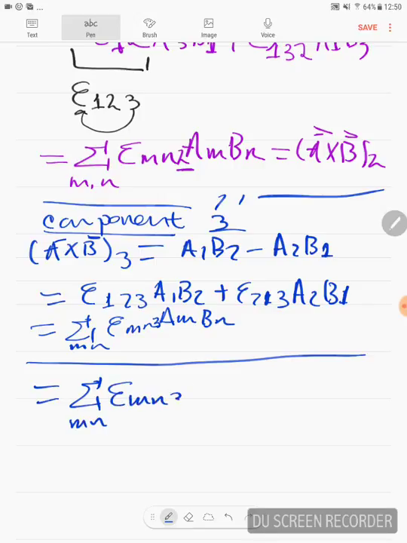E M N 3 A M B N equal to the component 3 of the cross product.